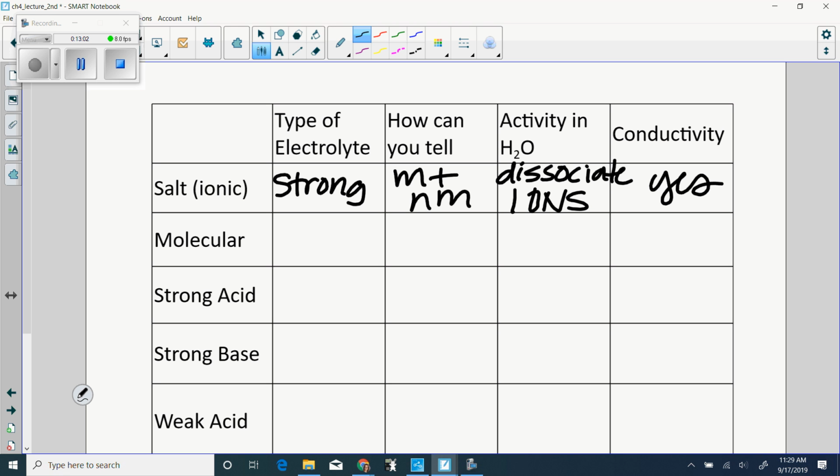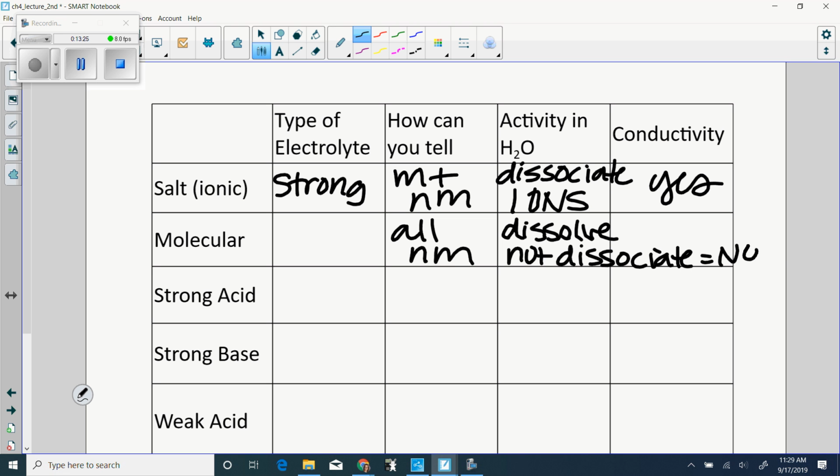Molecular compounds are all nonmetals. Carbon, hydrogen, and oxygen, sugar, all nonmetals. They don't dissociate, they just dissolve. That means there are no ions.